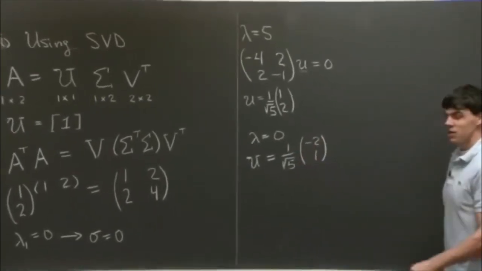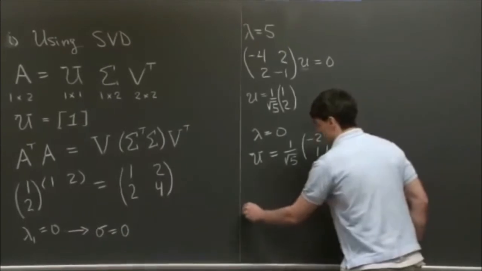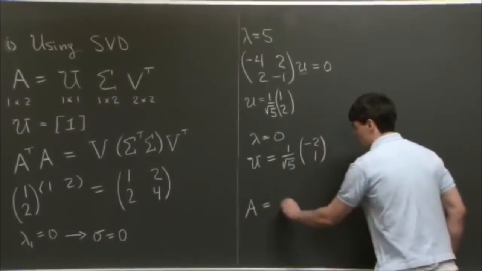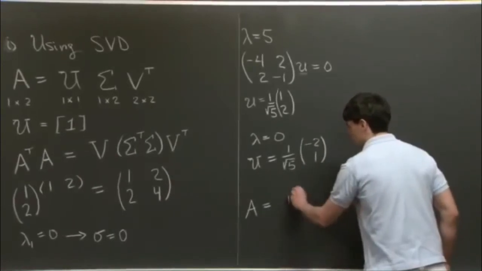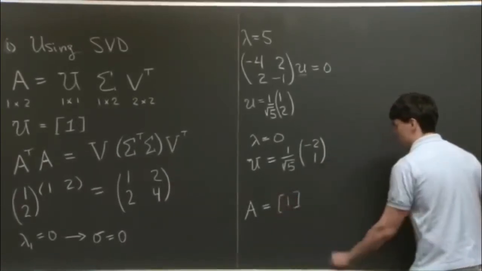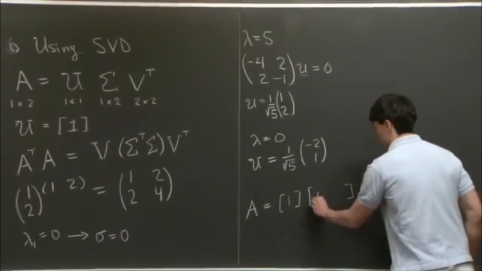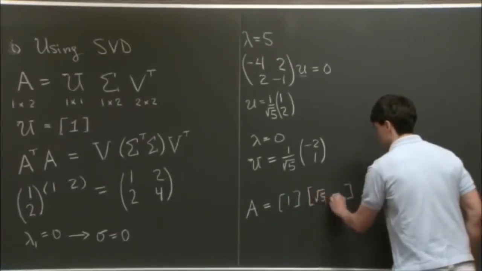Okay? So what this means is A has a singular value decomposition, which looks like 1, so this is U, times sigma, which is going to be root 5, 0.